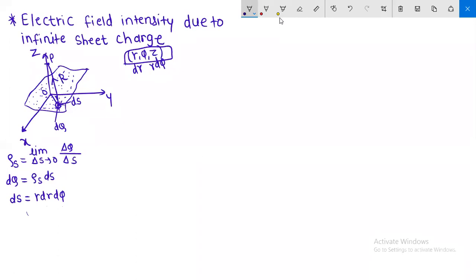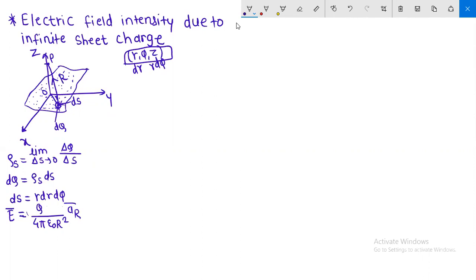So I can write the equation. First I'll write the equation for only E so that everyone will understand. The electric field intensity E bar is equal to Q upon 4 pi epsilon 0 r square into unit vector A bar r.